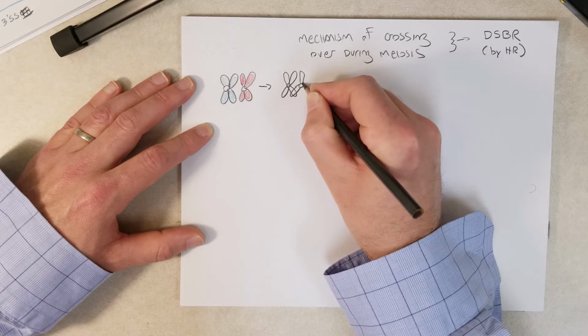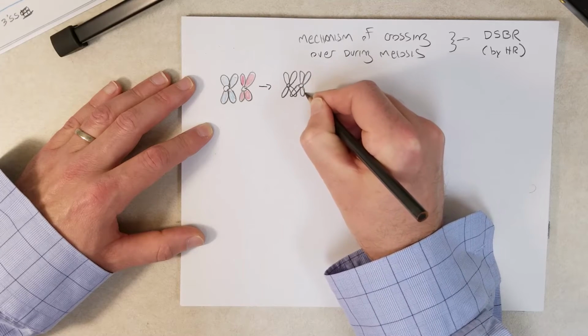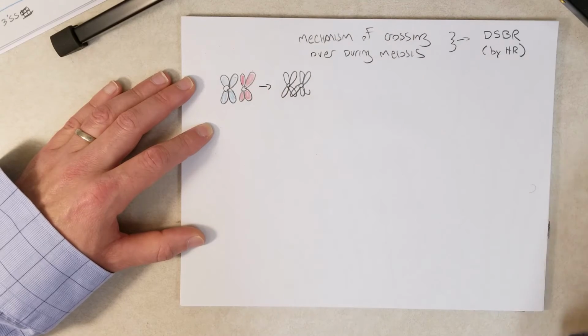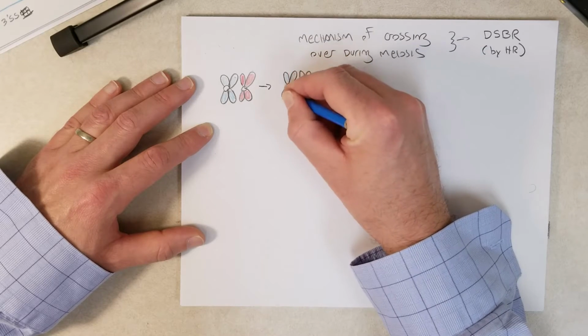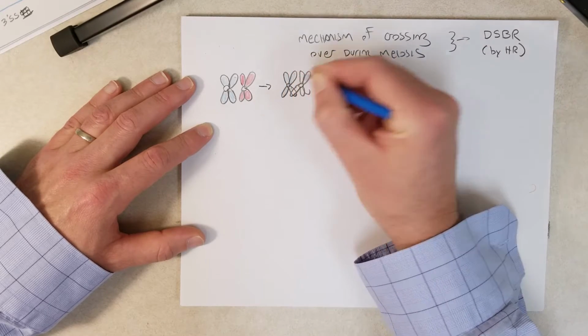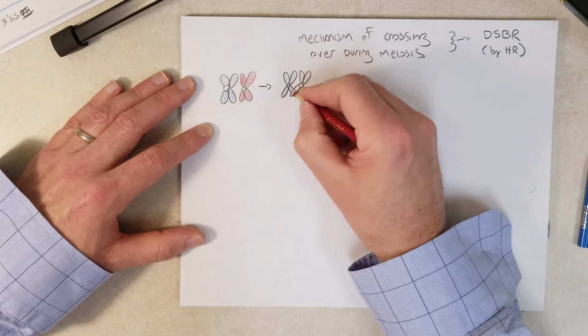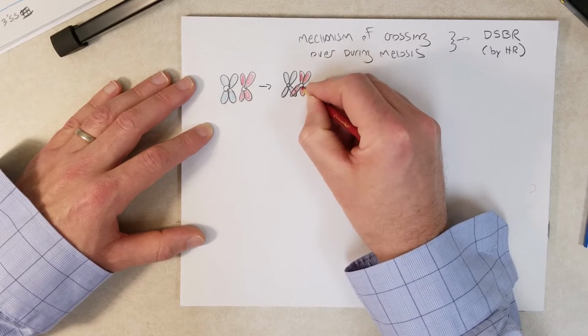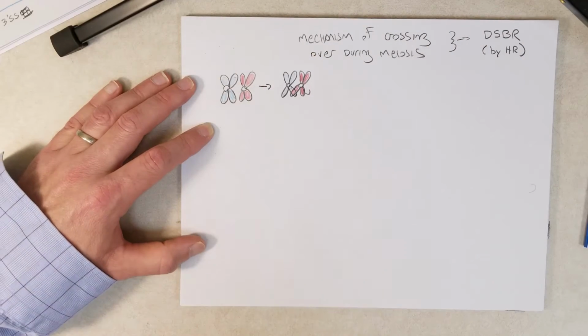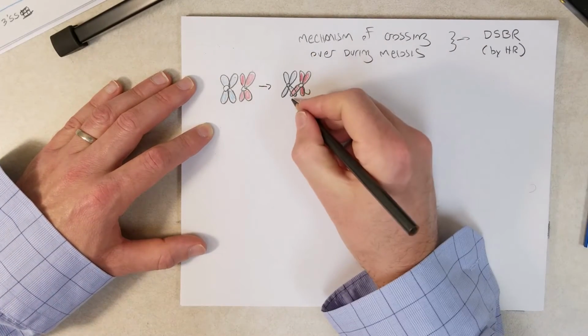And here I'm showing a chiasma, which is the point of crossing over, an overlap of the position where two sister chromatids of a pair of homologous chromosomes overlap, a chiasma.